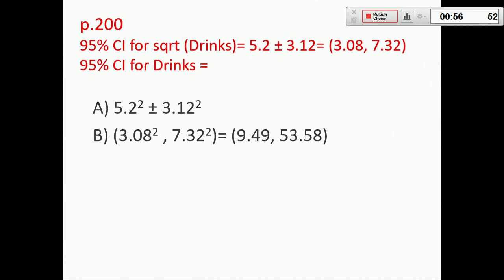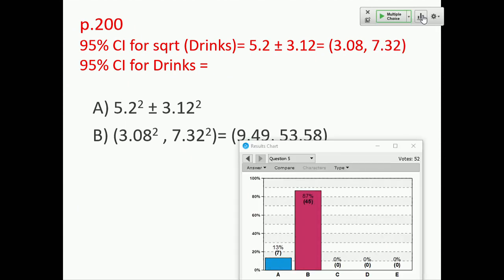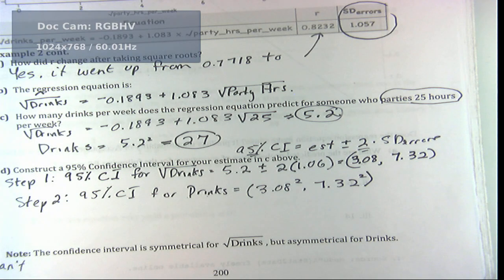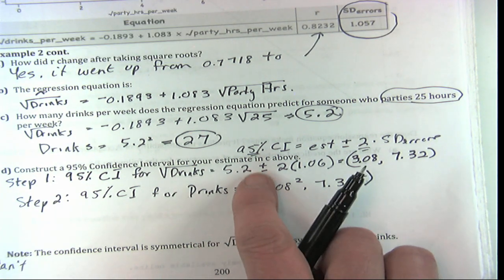Okay, let's stop it and see if you get this. Great. Yes, it is B. So let's look at why. So let's go back to the document camera here. And so we have to do this in 2 steps, right?